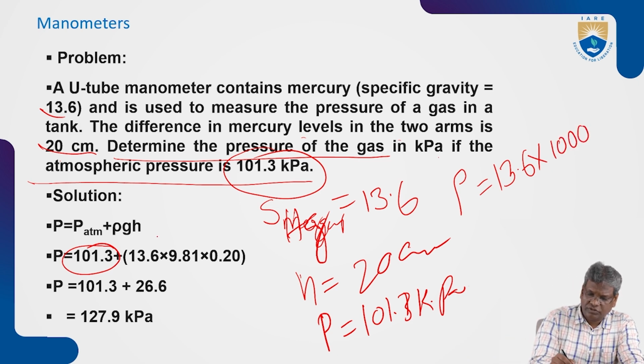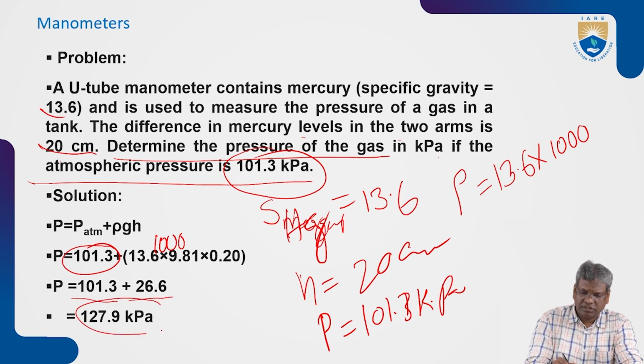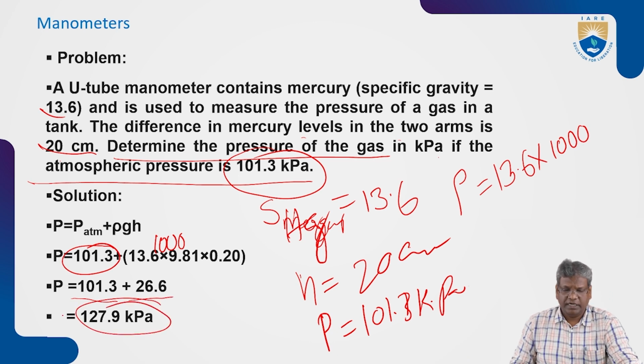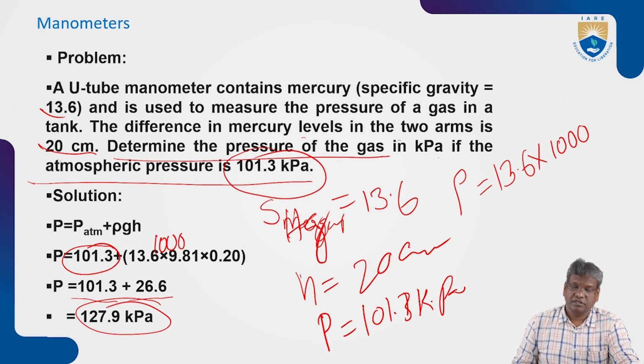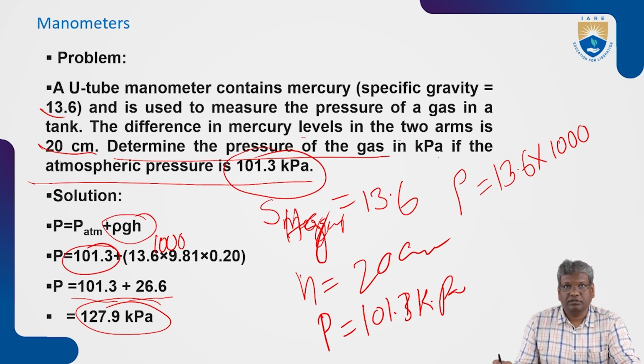So you should write 1000 here, right? 13.6 into 1000 into 9.81 into 0.2, so it is around 26.6, so the total is 127.9 kilopascals. The basic thing you have to remember is the static pressure, just what we have seen in the fifth classification of pressures: rho g h.